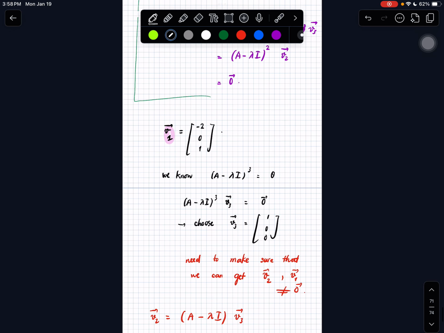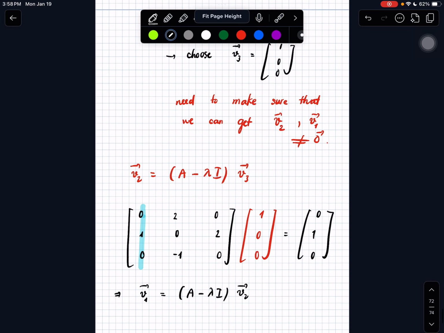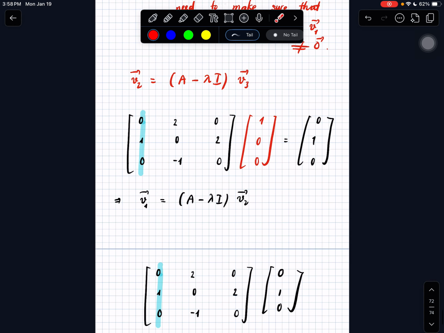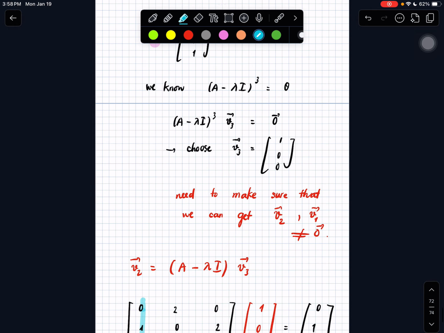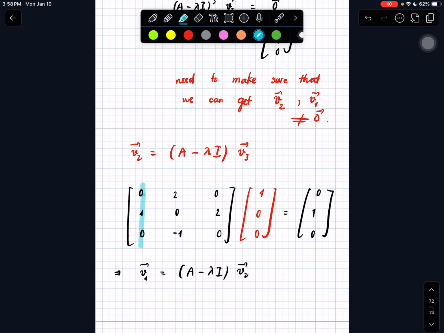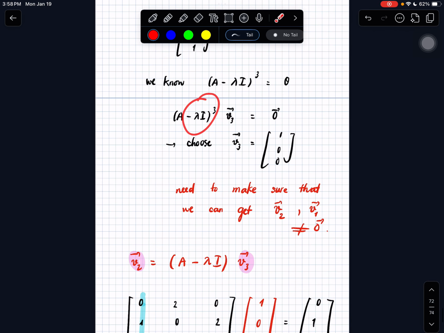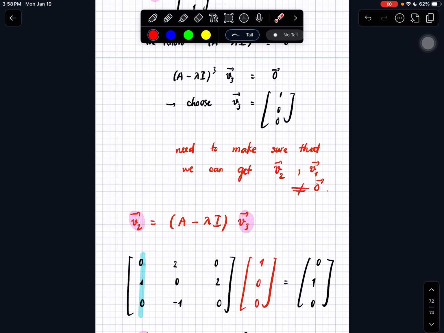It works nicely, so it's perfect. Now we update v1 to be this vector. So we have v3, v2, and v1. We did it the lazy way, where we start from this and build back, just to make sure that at the end we get non-zero vectors v1, v2.